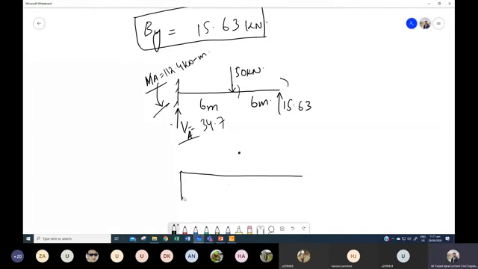At center, it will pass something like this, and this bending moment diagram will close over here. And what is this value at center?